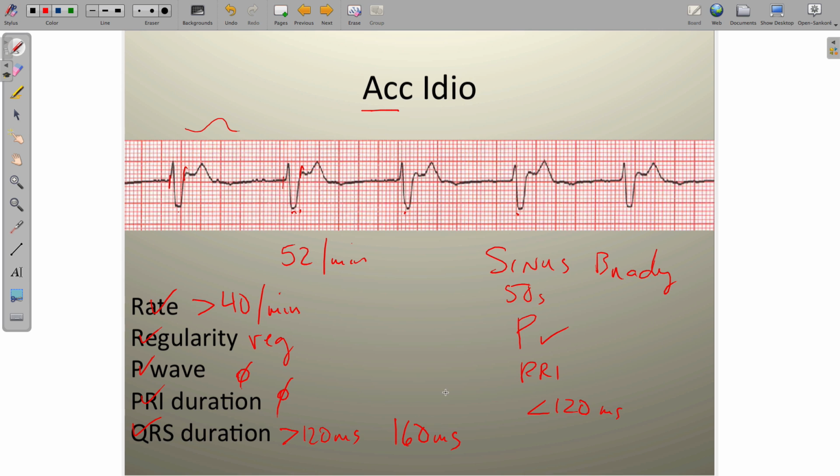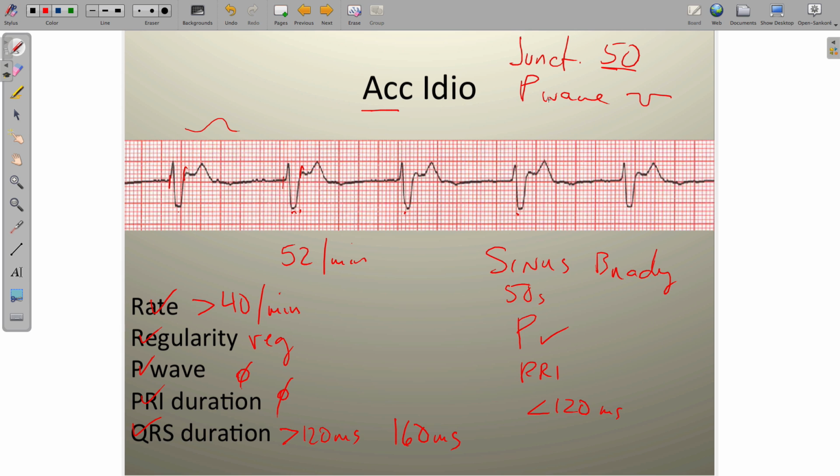Then the next question you should ask yourself is, how do I differentiate a junctional rhythm, which can also hover in the 50s, from either sinus brady or accelerated idioventricular? We would just repeat the same process. It's not a rate-dependent change. It's going to be P wave presence or inversion.